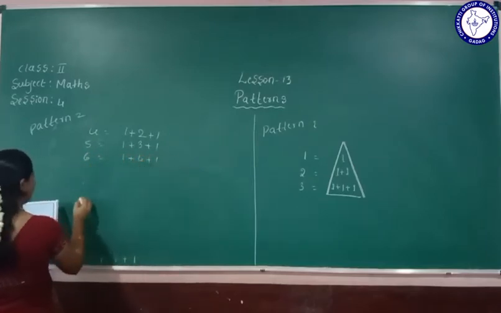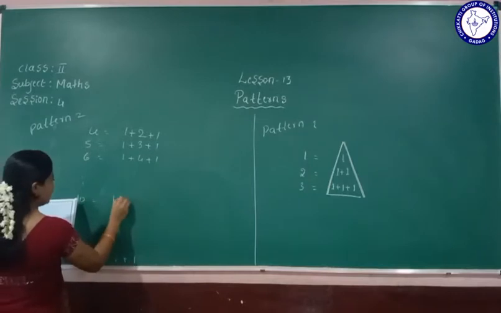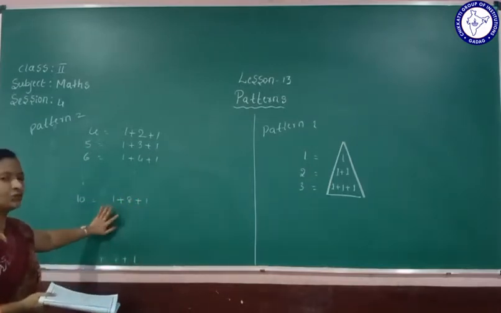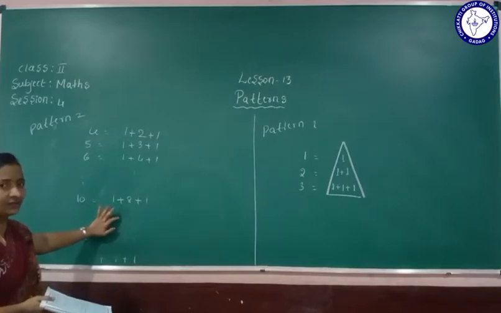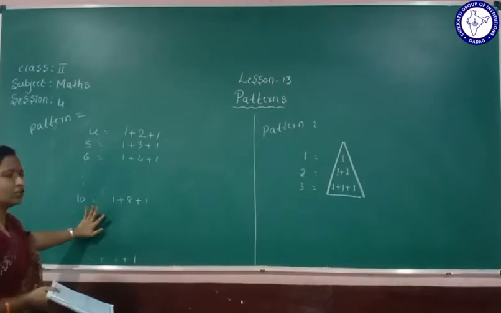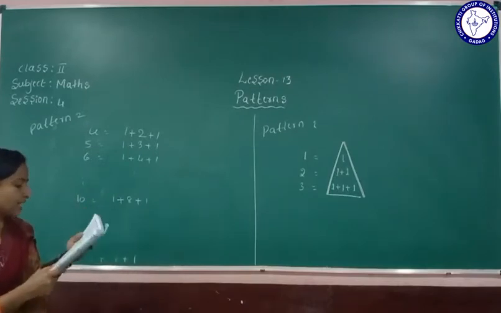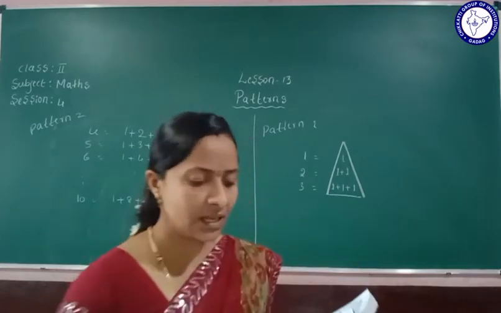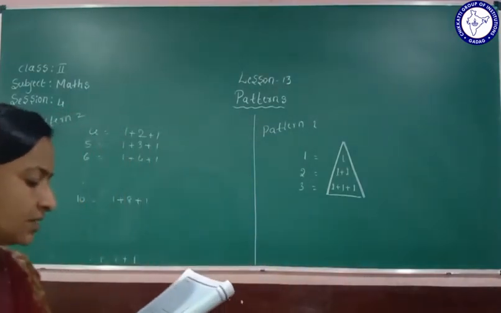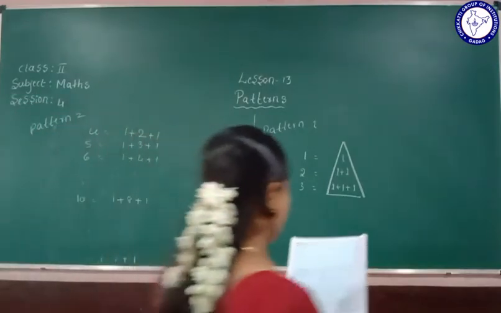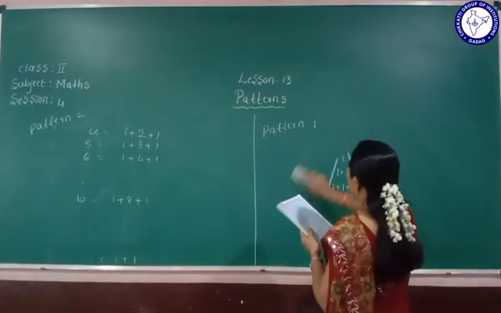Up to 10 is equal to 1 plus 8 plus 1. This is pattern 2. Already we learned that in the first one, that is pattern 1, and this is pattern 2. Understood? See the splitting of a single number in different ways to form a pattern.